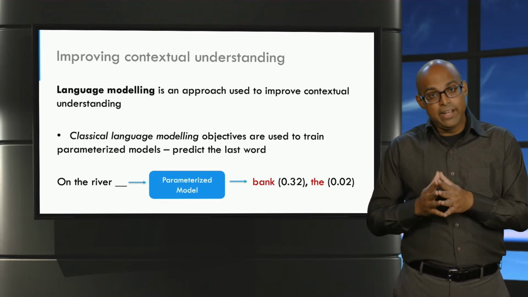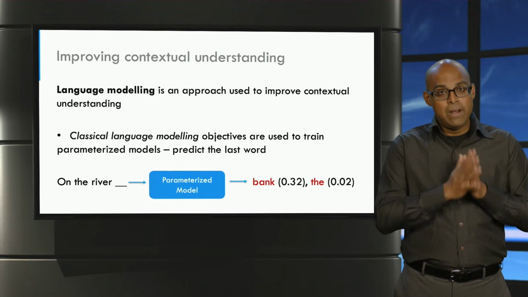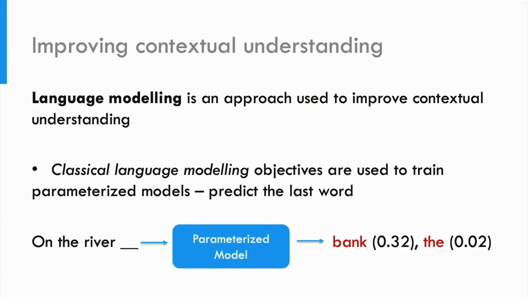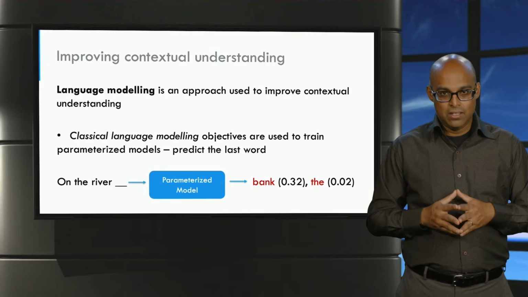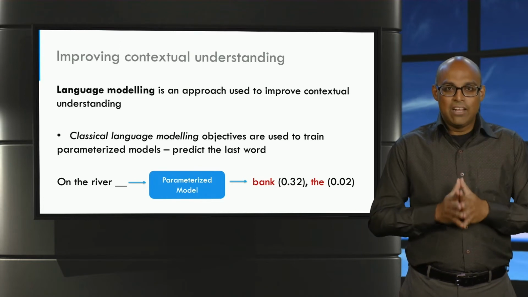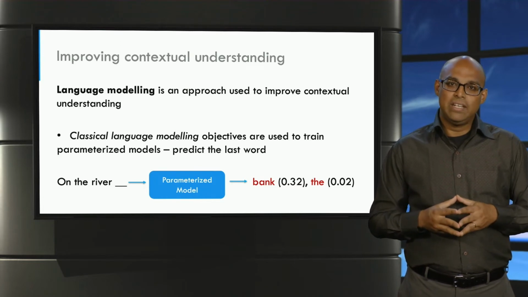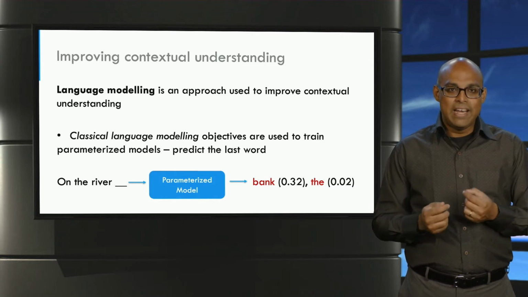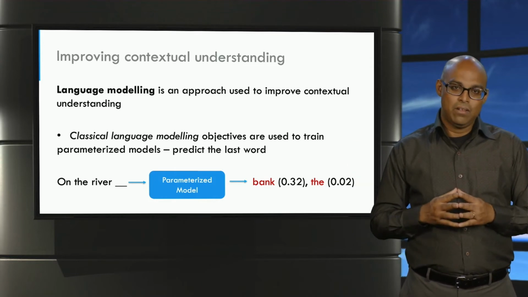One way to do this is to build models which improve the contextual understanding of a sentence. In building these models which understand context well, the objectives which are typically used to train these models are based on classical language modeling objectives. In a classical language model, the objective is, given a sequence, we need to find or predict the next word in this sequence.